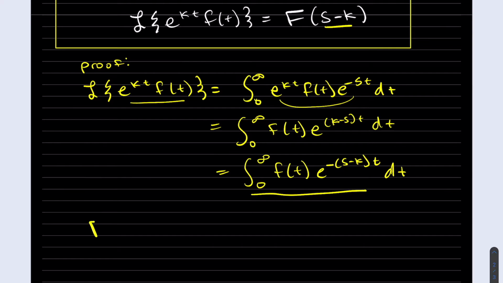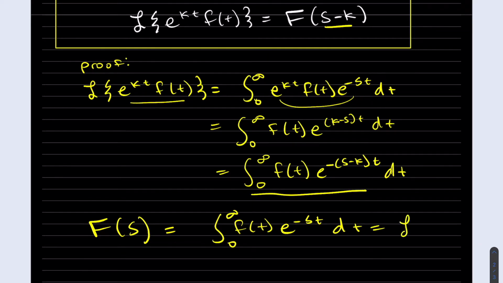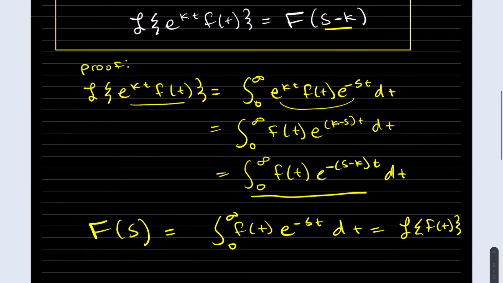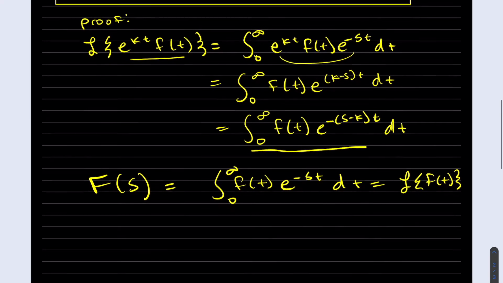Now let's work out f of s. F of s is the Laplace of little f of t. We don't need parentheses there. So that's just the definition of Laplace of little f of t, yeah? So what I would need, though, if that's f of s, let's go ahead and translate that k.